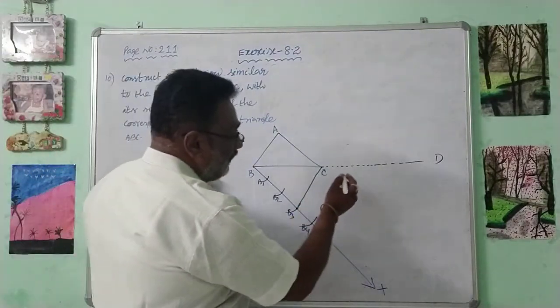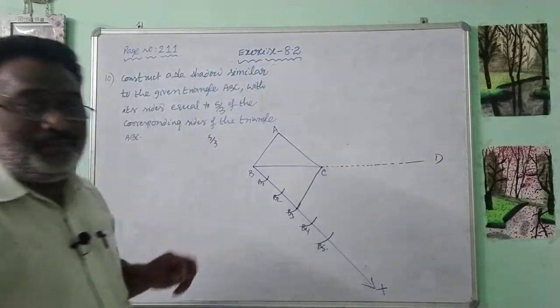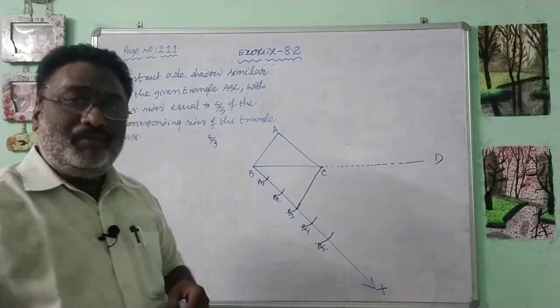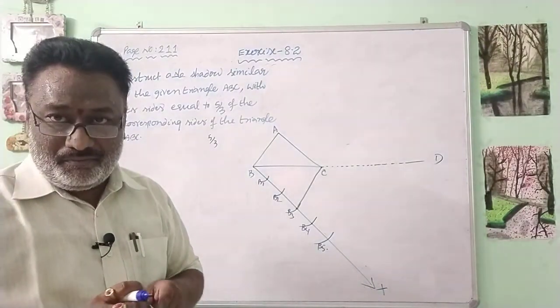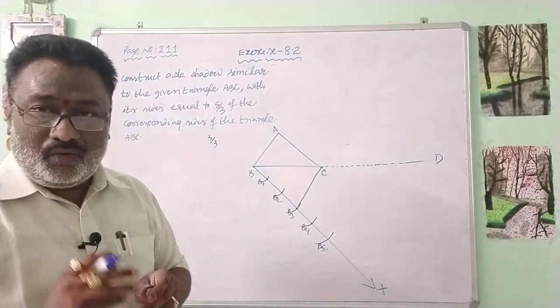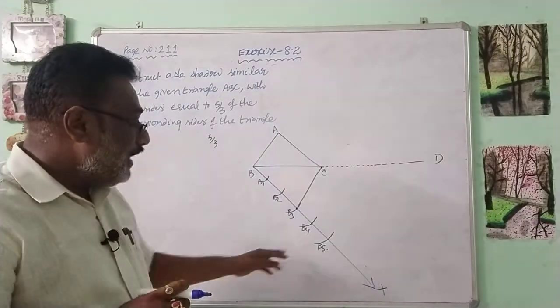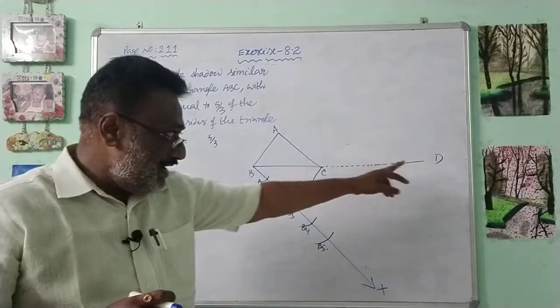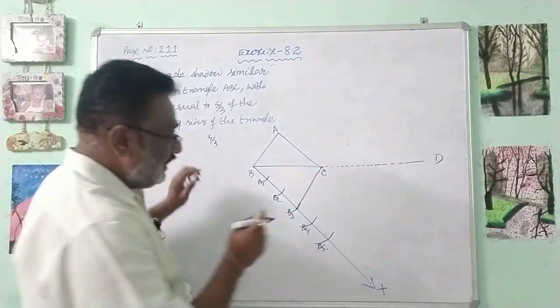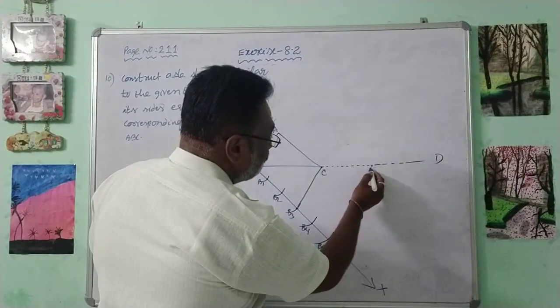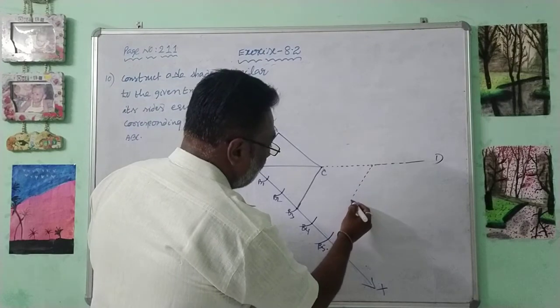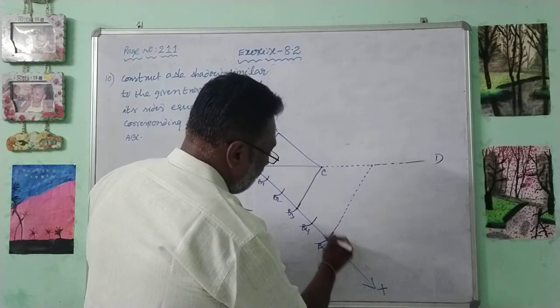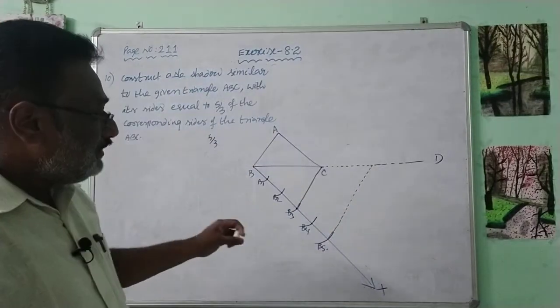We extend BC up to D. Now, how is it possible to draw the parallel line to B3C? By using set squares, we need to draw a parallel line through B5 to meet BC extended up to D. Yes, if you draw in that way, you can get that parallel line.